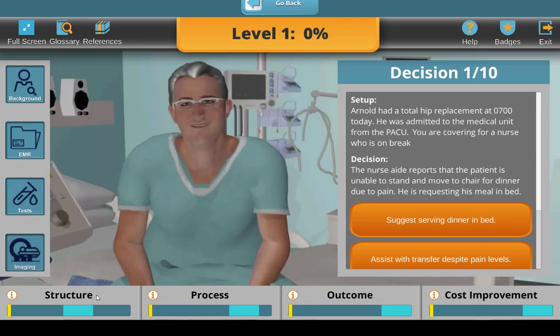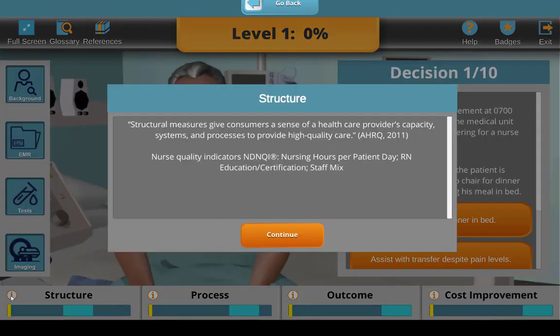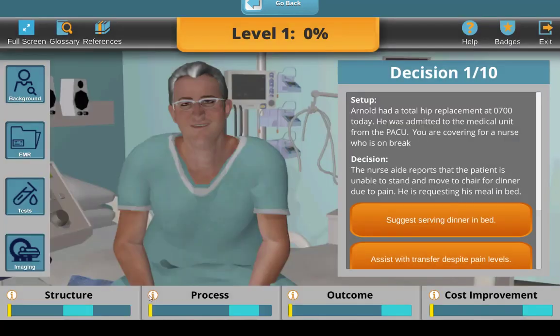Now, structure is identified as the measure of whether the consumer thinks the healthcare is providing things within capacity and a high quality of care. So the learner understands what we're basing our decisions on if something has an impact on structure.